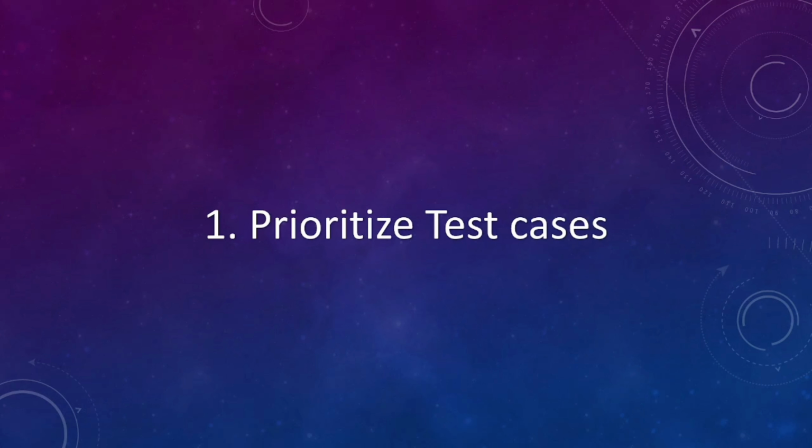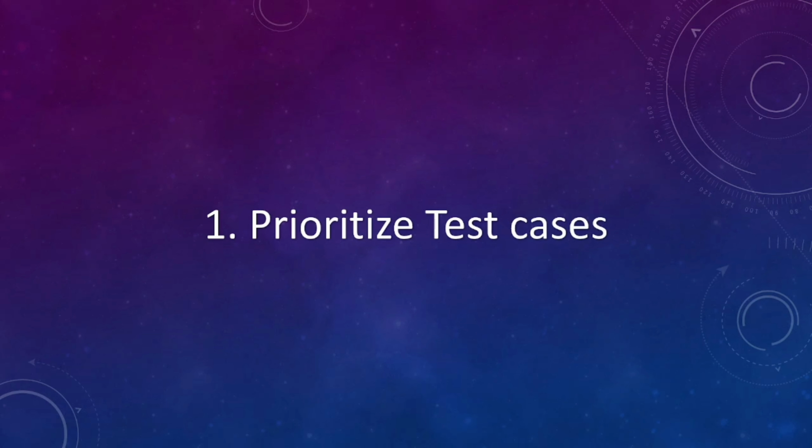The first thing is you have to prioritize the test cases. First, identify the critical test cases, what test cases are important to validate initially, and focus on high priority test cases. This is one of the most important processes you have to follow, guys.